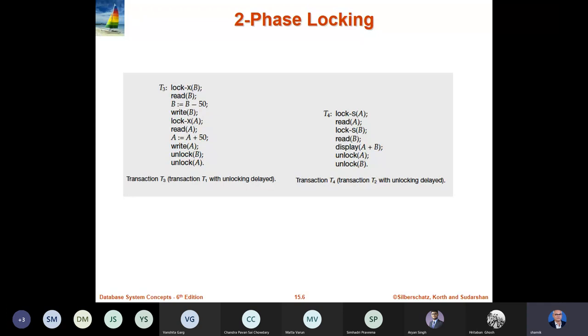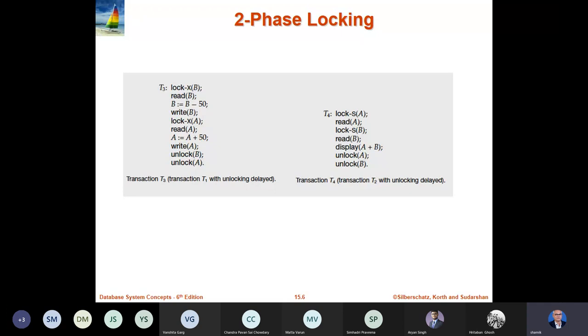So you cannot have a mix of locking and unlocking of data items. First you keep on acquiring them, and once you start releasing the locks, you only release and cannot acquire any further lock. That is what is called two-phase locking: first the growing phase of locking, then the shrinking phase of unlocking.